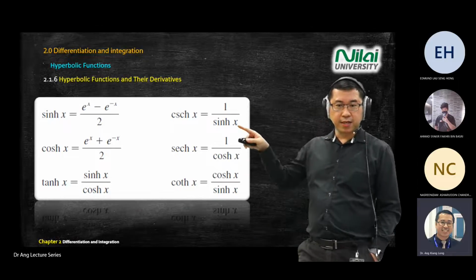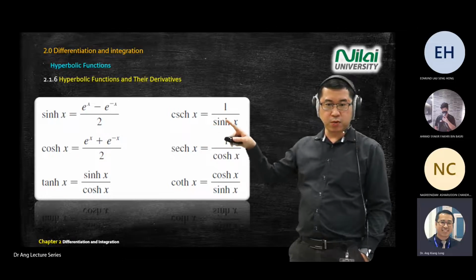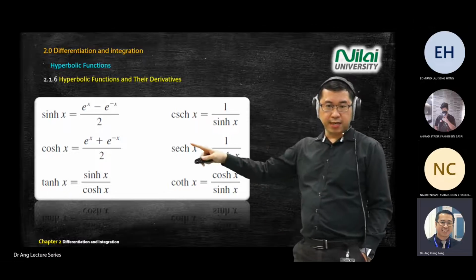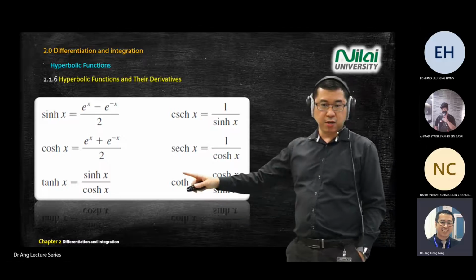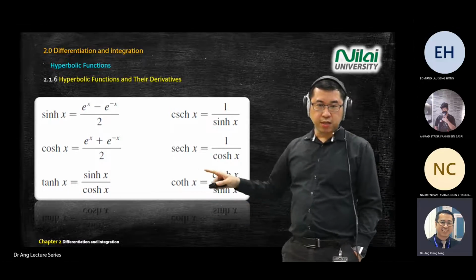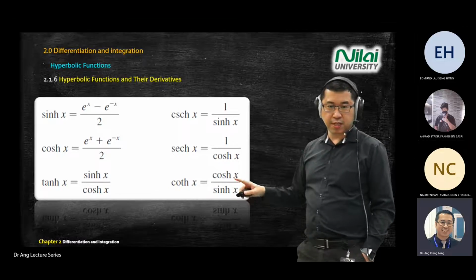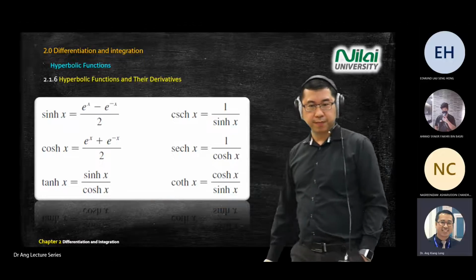Then this one, cosech x equals 1 over sinh x. Sech x equals 1 over cosh x. Coth x equals the inverse of tanh x. So that's why you see there's a flip of cos and sine compared to tangent.